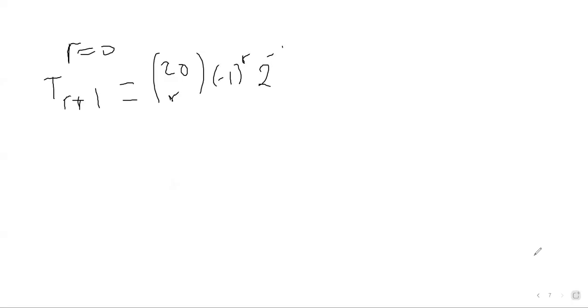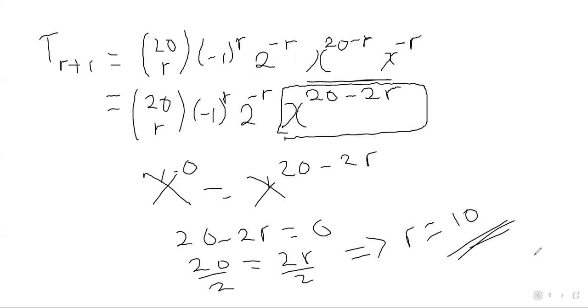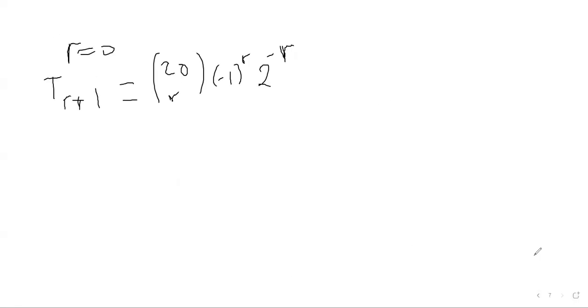Since r is equal to 10, T(r+1), which is equal to 20 choose r, and this is negative 1 to the power r, 2 to the power negative r, and then x to the power 20 minus 2r, and we found this value of r to be 10.